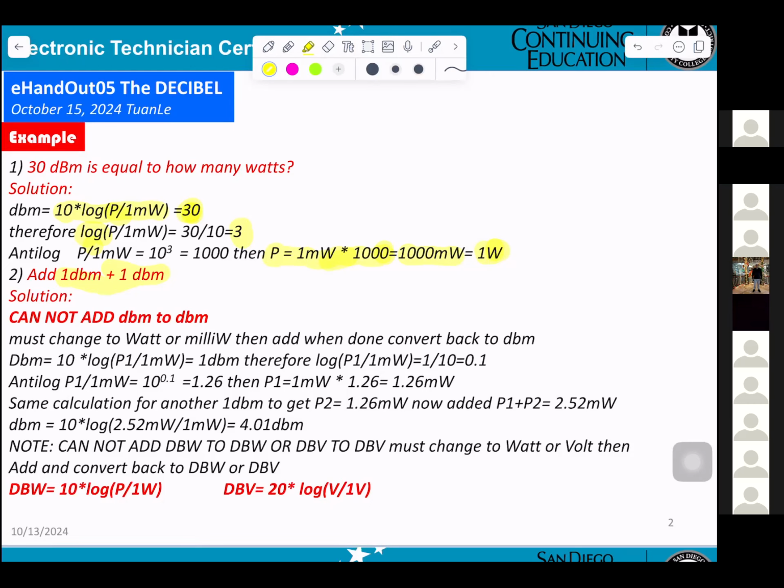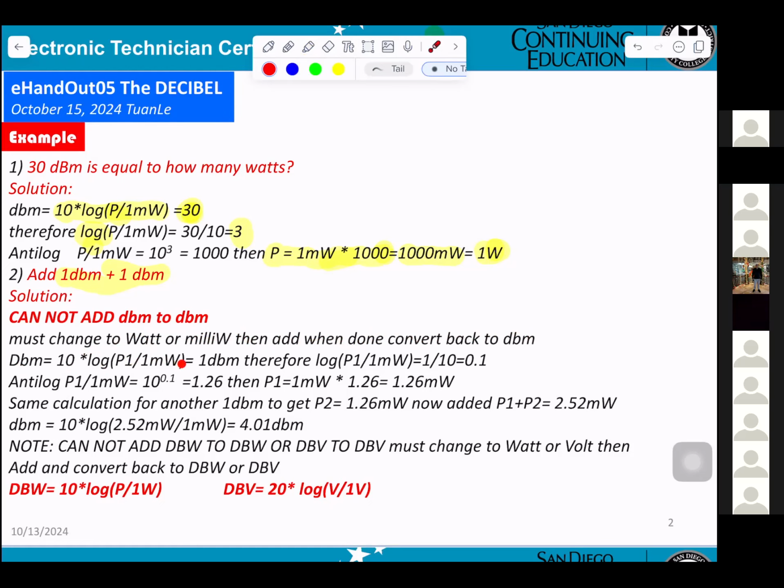Okay? So they say merge them to watts or milliwatts, then add them. When done, convert it back to dBm. Okay? dBm equals 10 times log of P1 over 1 milliwatt.